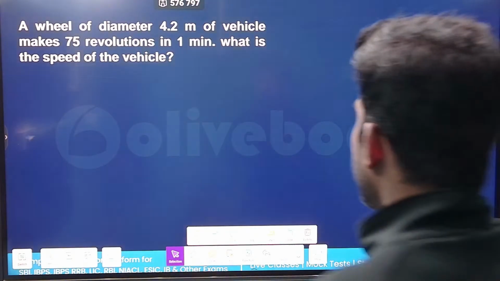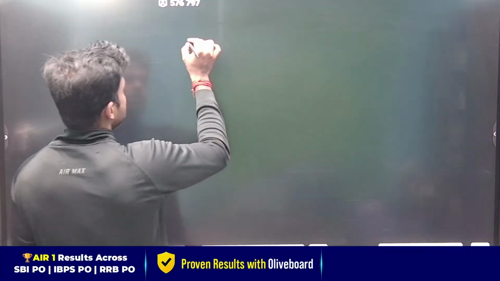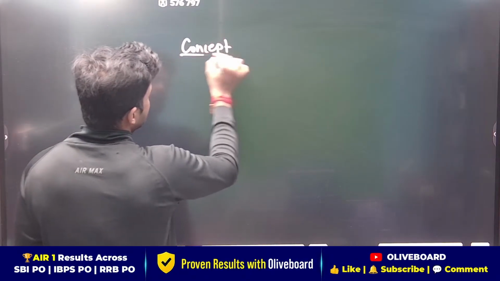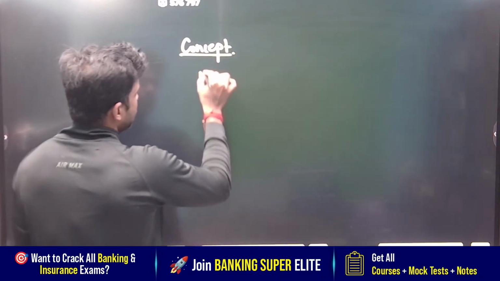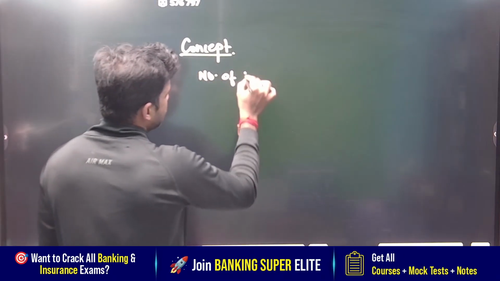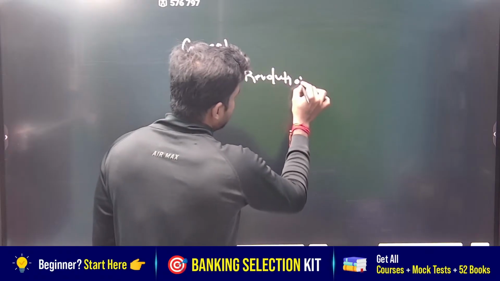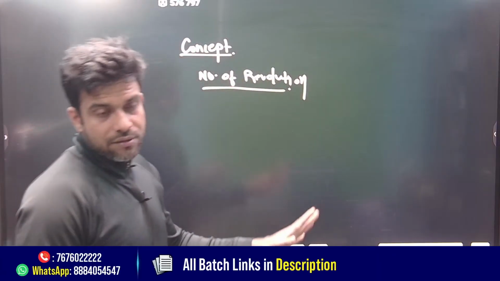Now, there's a small concept called number of revolutions. Before discussing this, let me introduce this small concept. This is very important, because they have asked questions on this part.